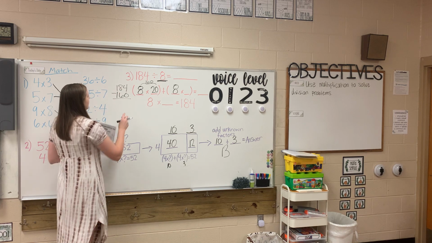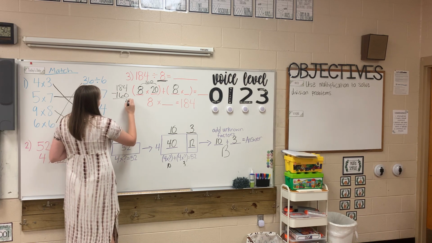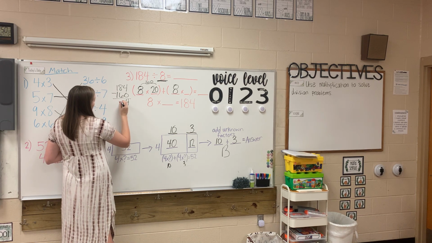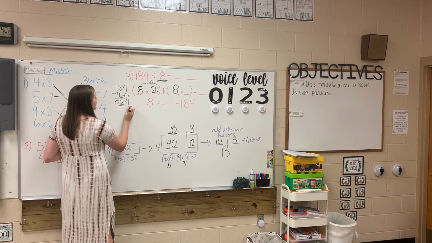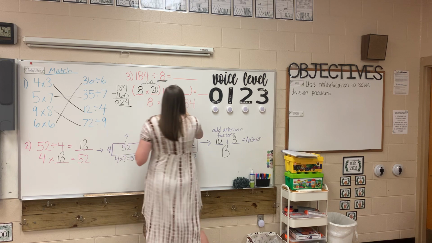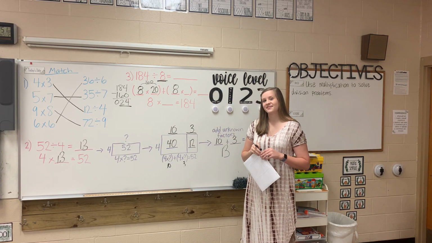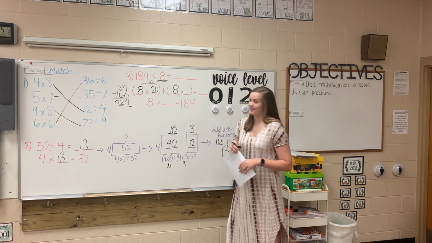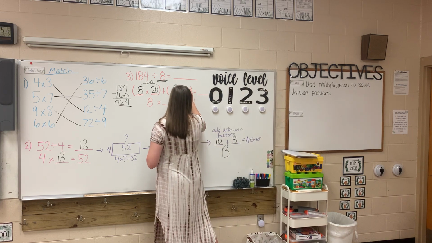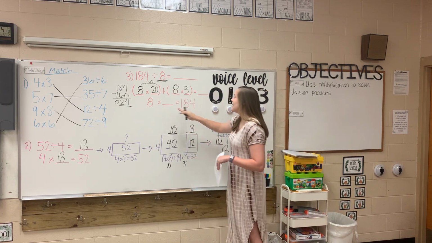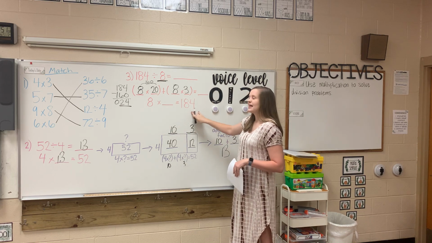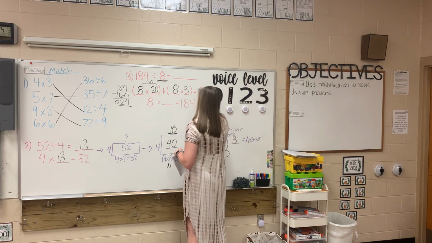So 4 minus 0 is 4. 8 minus 6 is 2. And 1 minus 1 is 0. So we need 24. So 8 times what equals 24? Awesome job, guys. 8 times 3 equals 24. And all of this is going to equal our answer, 184.